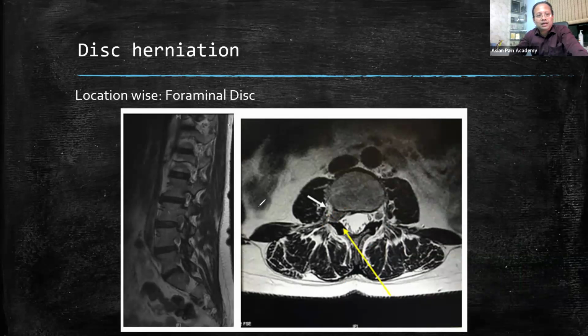So at the foraminal level, you can see. Actually, this is the area, but it is not very clear. But then it's okay. In the sagittal section, in the foraminal area only, you can see that foraminal disc, and here you can see in the axial section. It is the foraminal disc. Okay.